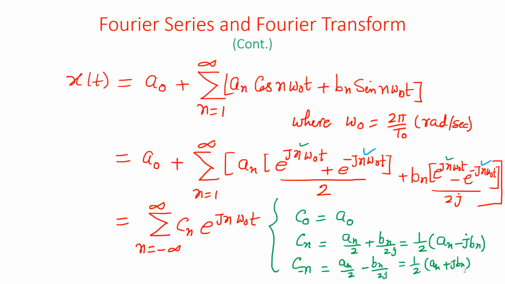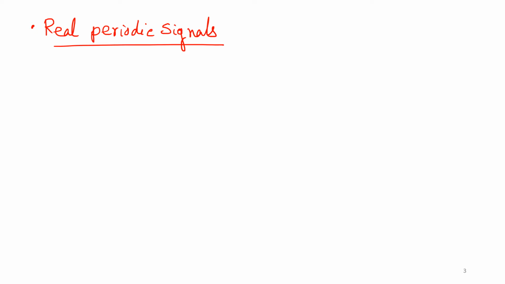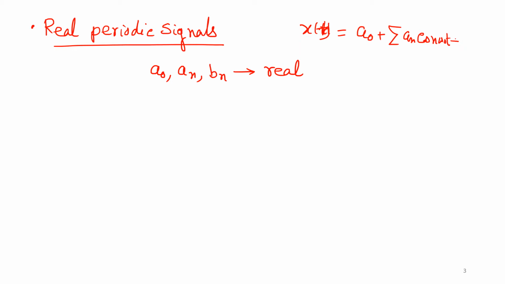Okay. Now, if we consider real signals, if I consider real periodic signals, for this obviously A0, An and Bn, all those should be real, because x(t) is real, and it is written as A0 plus An cos n omega naught t plus Bn sin n omega naught t, okay, n equals 1 to infinity.